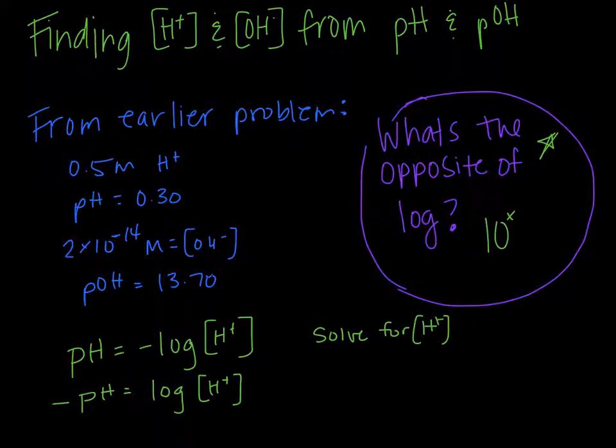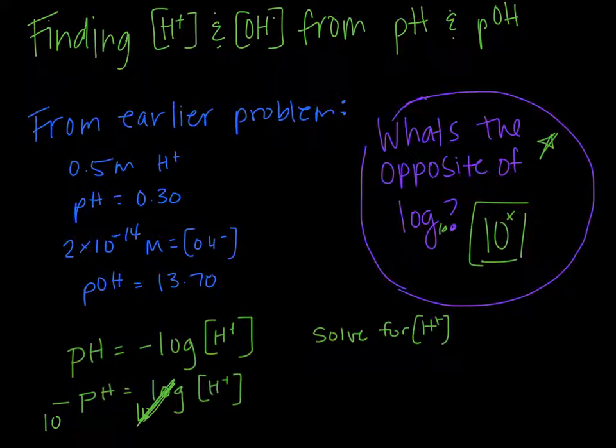So this is the opposite of log base 10. So if I wanted to undo this right here, I'm going to take 10 down here on the bottom like that, and that gets rid of this.